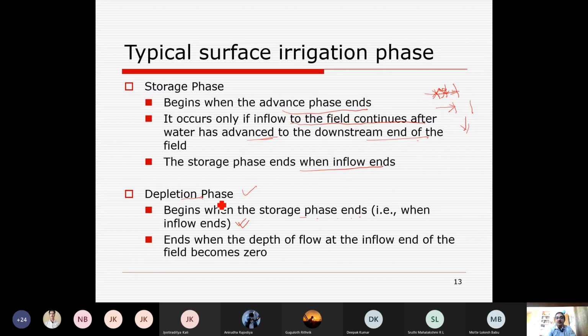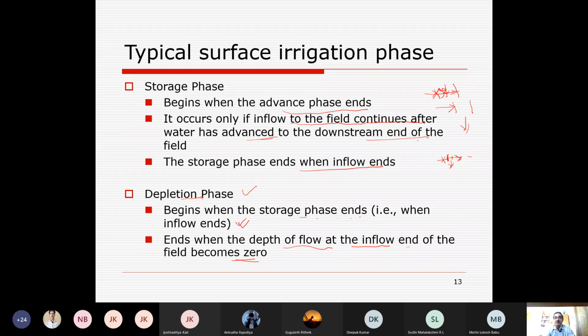The depletion phase ends when the depth of flow at the inflow end of the field becomes zero. Meaning at that particular point we have stopped inflow. There is no further supply of water, and whatever water there is is either moving downward because of slope or soil condition, or it has infiltrated, so it finished here.